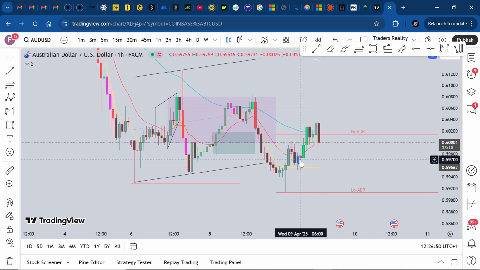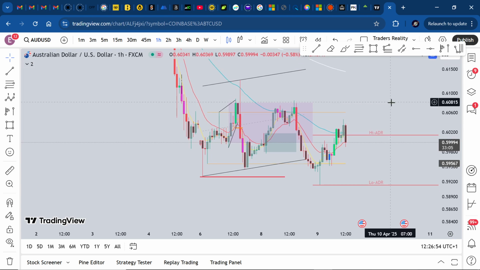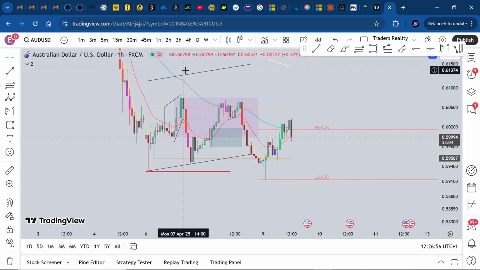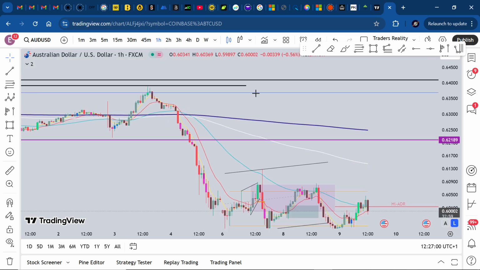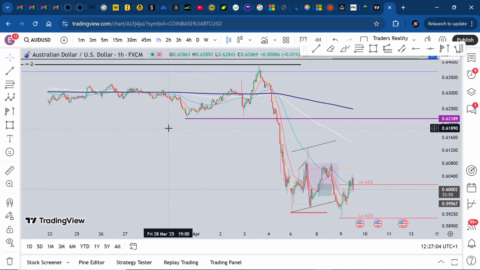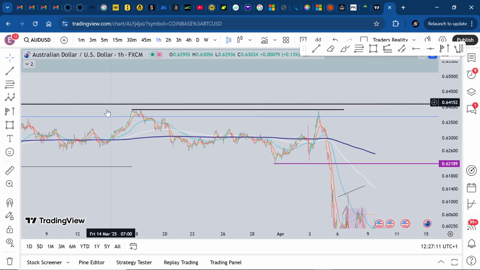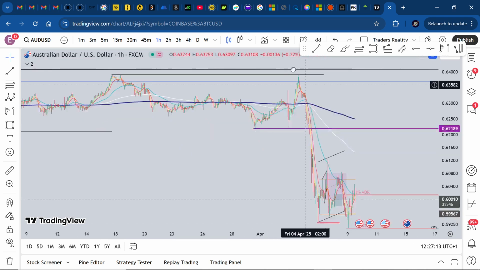Now, it could come down here and bounce up, but that's not what I'm looking for. On top of that, if I use Elliott Wave now, this would be some sort of fourth wave. You can see the distribution that happened up here, by the way. It's pretty clear. But as I've said in a few other videos, these highs are relatively equal.